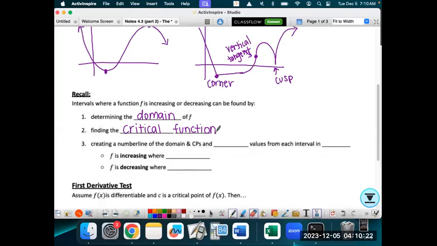Then we want to create a number line with the missing domain values and any critical points. And then we are going to test values from each interval using our derivative function, because we're wanting to test the derivative signs. Because remember, where a function is increasing is going to be where the derivative is positive. And then where a function is decreasing is where the derivative is negative.